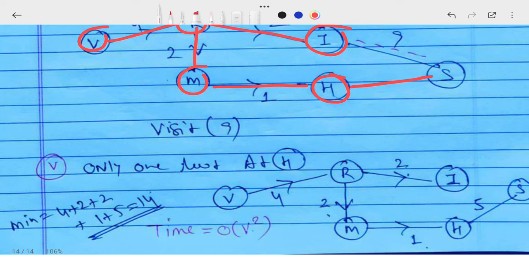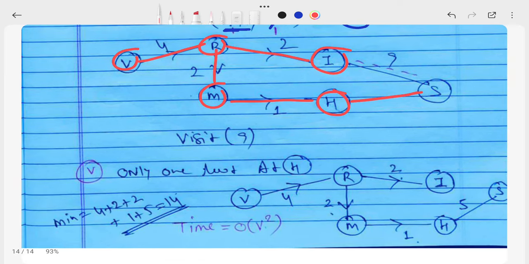There is no other direction. So from H I will go to S, and I will remove this 9. Why? Because it is making a circuit. So I removed 9. What is the meaning of this? I touched all the vertices. If I touch all the vertices, this is my final answer.